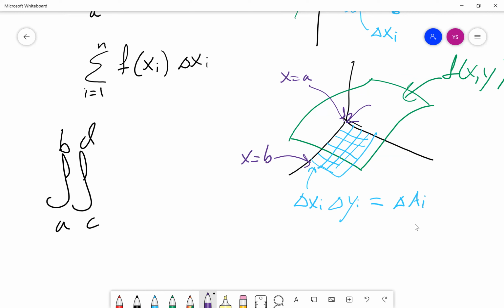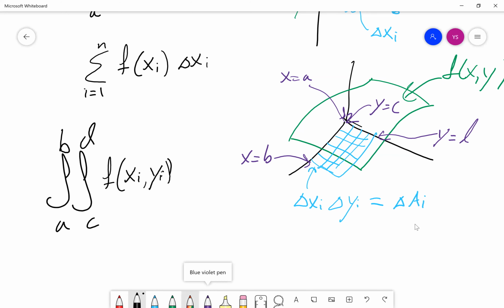So this point over here is y equal to c, and this point over here is y equal to d. So that's basically your bounds of integration. And then you have the same thing, f of xi, yi. You choose some point in these boxes, and you look at f at those points.